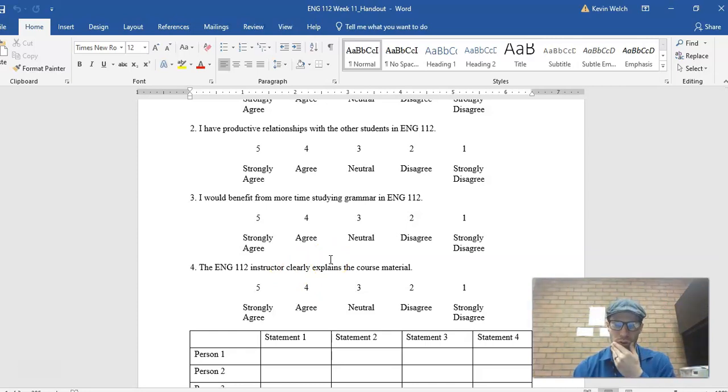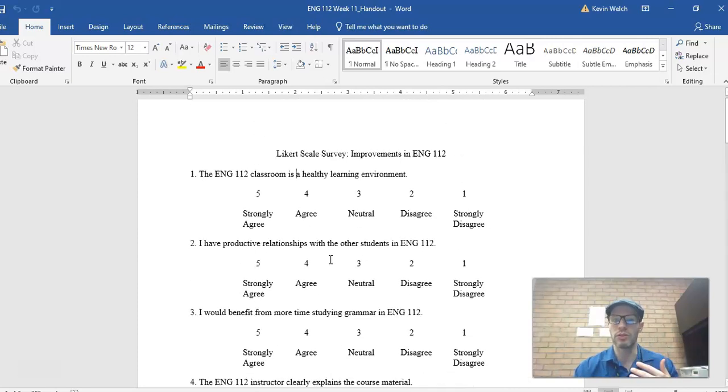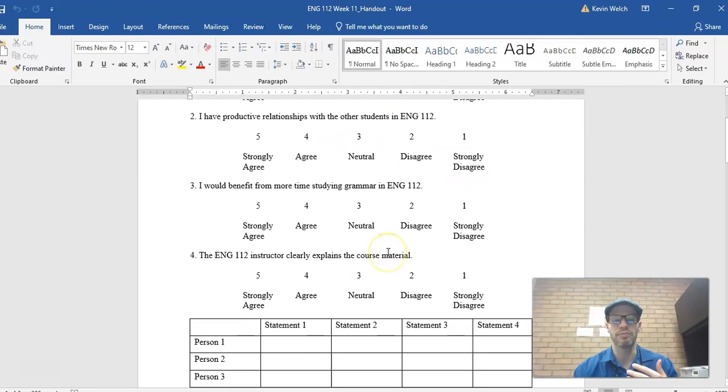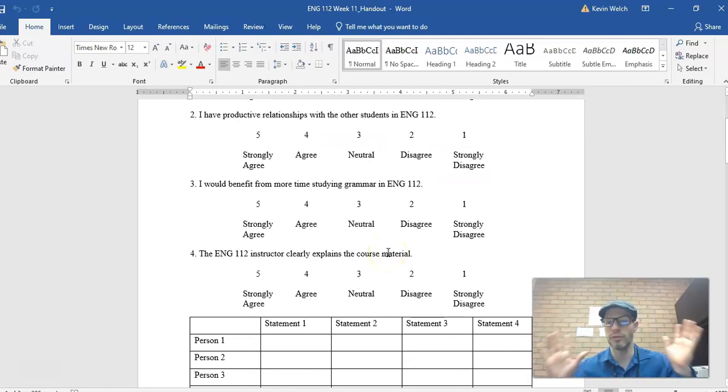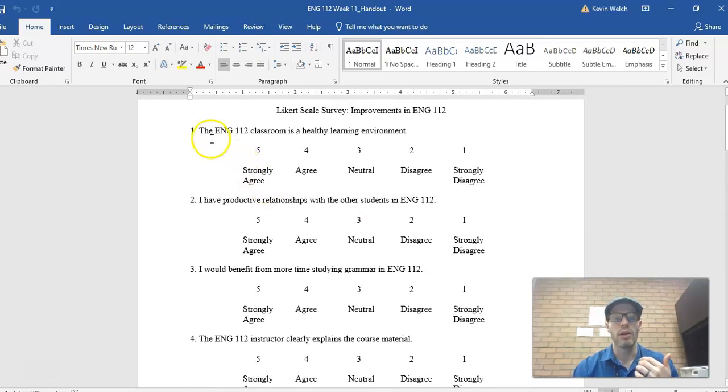What you then want to do as a social scientist, if you were doing this for the class, to solve whatever the problem is to improve English 112, because you figured out from the academic literature that English 112 needs improvement, is collect these surveys from all of your students, and you would go, okay, here's statement number 1. Where did people fall on this?